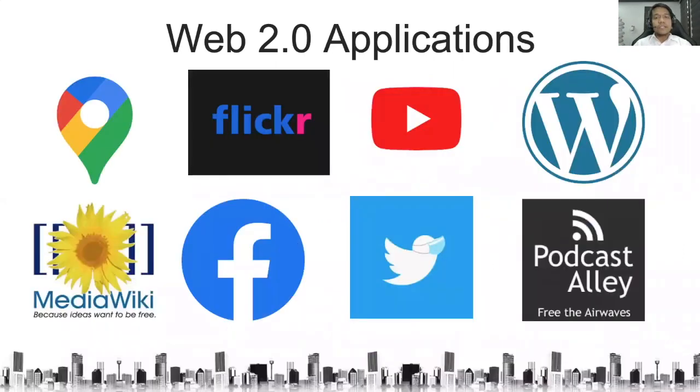Web 2.0 examples include hosted services like Google Maps, web applications such as Flickr, video sharing sites such as YouTube, wikis, blogs such as WordPress, of course, the ever popular social networking site Facebook, microblogging such as Twitter, podcasting, and other content hosting services.